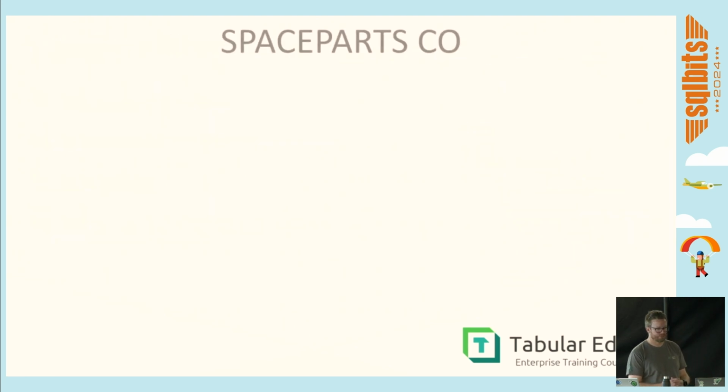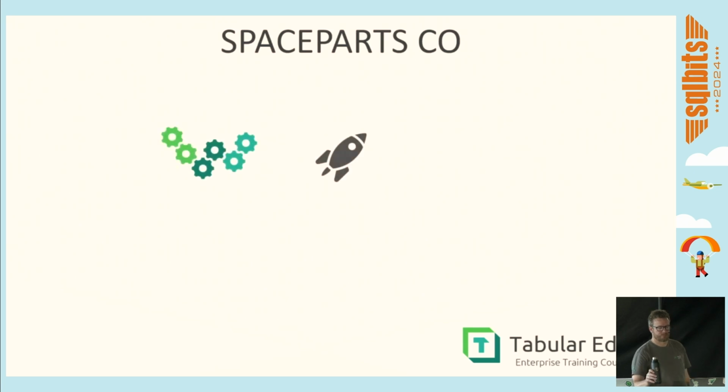Because Borb is a part of Spaceparts, and we are going to be working with Spaceparts in order to improve their many tabular models. Spaceparts is a company that produces and sells many spaceship parts to many customers all over the universe. We're going to be working with 3 different people in Spaceparts to help them learn and use Tabular Editor.